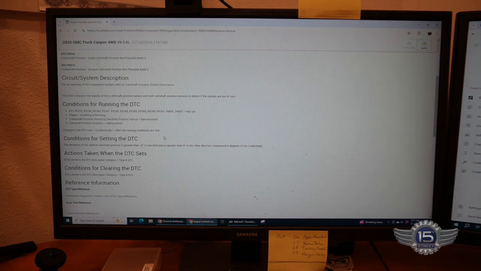So what I suspect is we've got both cams on bank 2 out of variation more than 9 degrees. That's why it intermittently sets that code. What's weird is to have it on both cams on one bank and not the other bank.